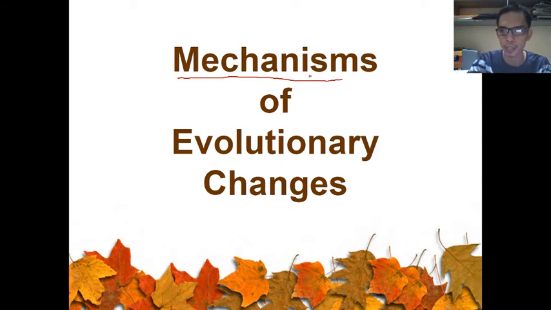Since we have the evidence, and the effect, or how the earth affects the evolutionary changes in an organism, for today, we will discuss how those changes happen. So, mechanism of evolutionary changes.